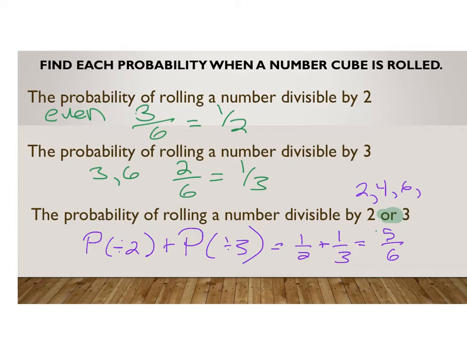I forgot because I have an overlap, which is 6, right? 6 is in both of these two possibilities. So this is the probability that it's divisible by 2 plus the probability that it's divisible by 3 minus the probability that it's divisible by both.